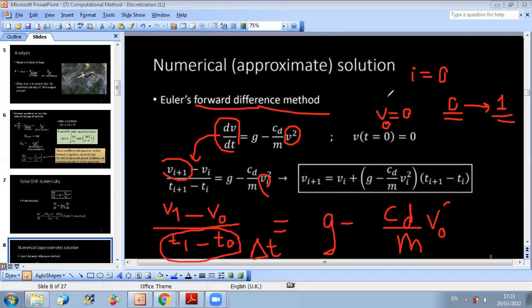Now, you know the value of V0, so you can compute V1 as a function of V0.